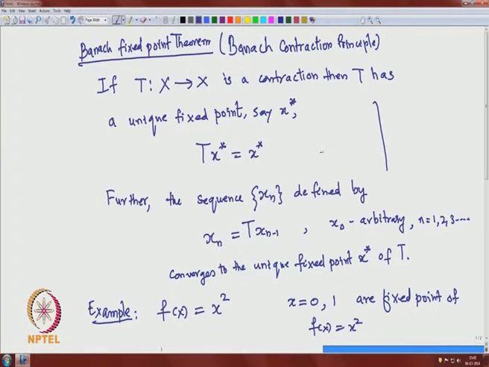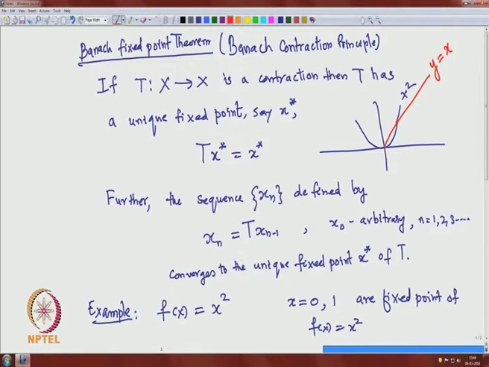Geometrically, if you look at the graph of x square, a fixed point is, in the one dimensional case, the point of intersection of the function y is equal to x and the given function.